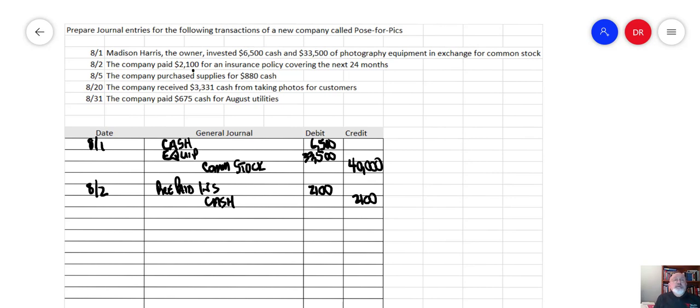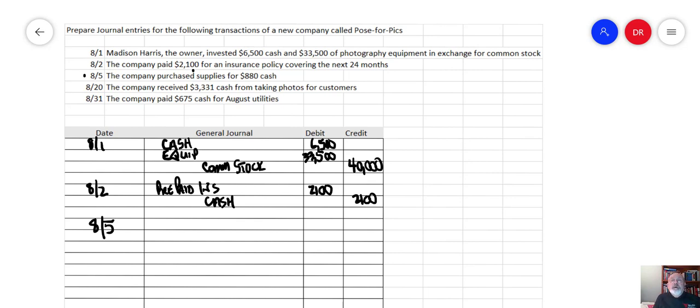All right, the third transaction on August the 5th, the company purchased supplies for $880 cash. Now, prepaid insurance is an asset account, and it increases with a debit. Anytime you pay for something with cash, it's going to be a credit. So keep in mind what we were talking about. What increases an account is the normal balance.